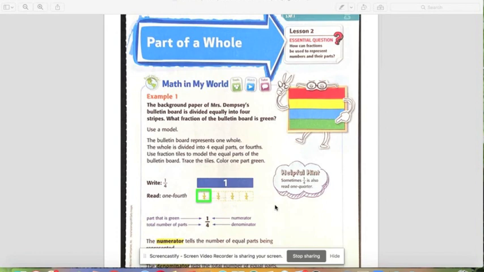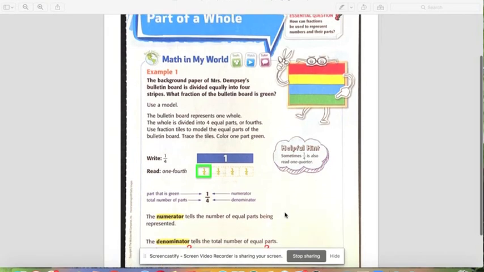How much of it is green? 1 out of 4 parts is green. So the bottom of the fraction is going to say 4 because the total possible number of parts is 4. And if I'm looking for what part of that is green, there is one part of that that is green. One part of 4 total parts is green.